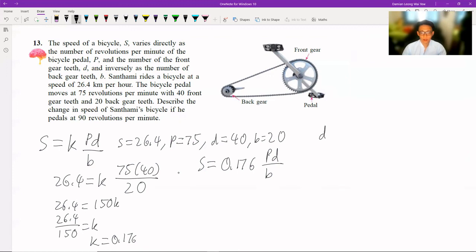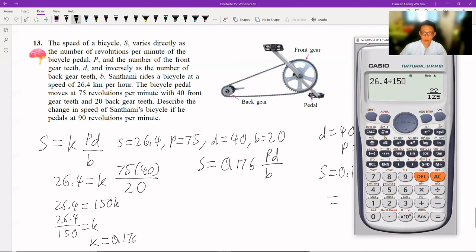Okay. So in the second situation, again, the D should remain, the B should remain, because he did not change the gears of his bicycle. So what he changed is the revolutions per minute, so that will change the speed. So I want to find S. P is 90. So S would be 0.176 times 90, D is 40 over B 20.